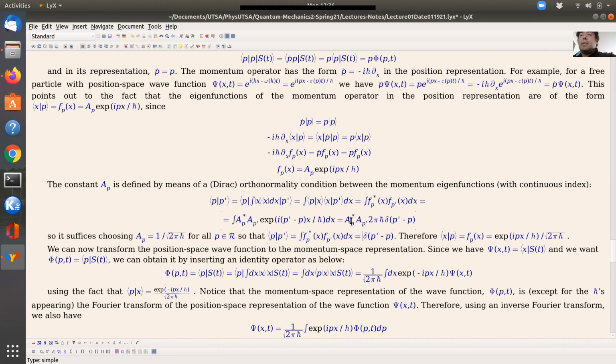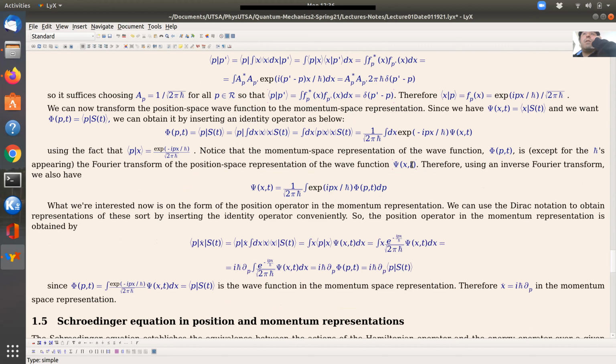So this is the second best in terms of normalizations. And now you have the definition of the inner product between position and momentum eigenfunctions, which is this function, the exponential of i p x over h bar divided by square root of 2 pi h bar.